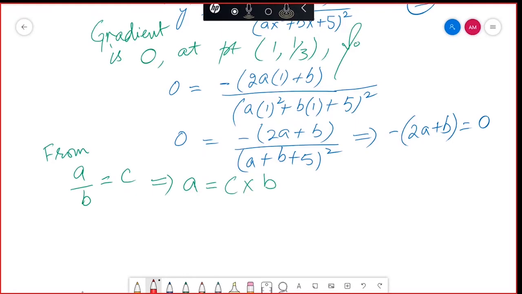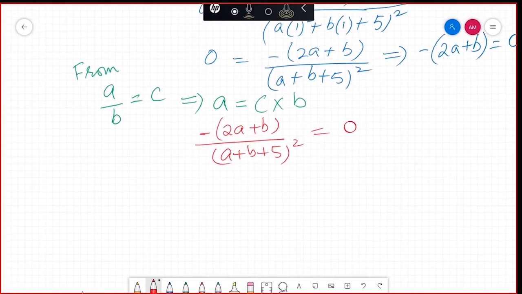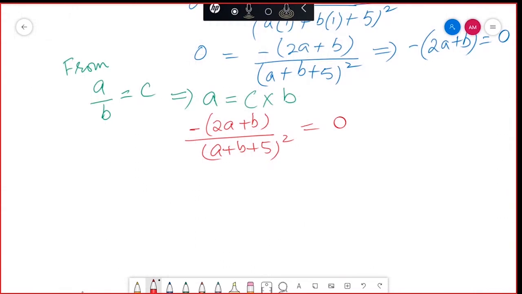I write it again for you, in this form: minus 2a plus b, just to make it simple, times a plus b plus 5 whole square is equal to 0. I have just rewritten the equation which was above, in this form.